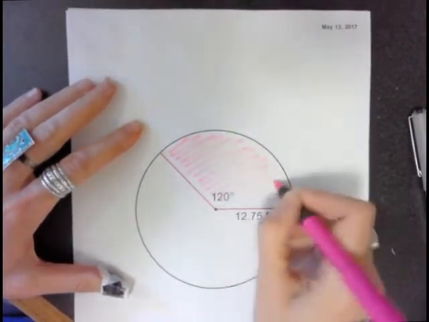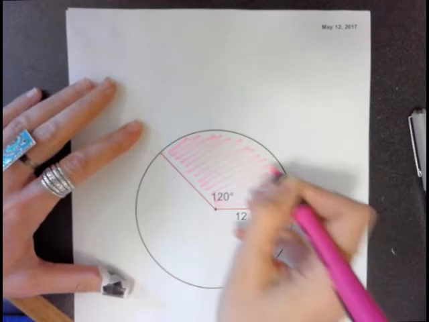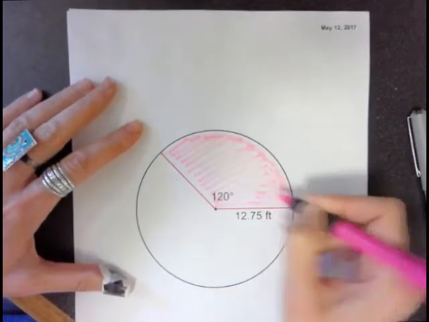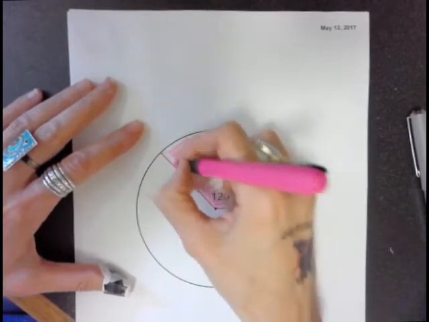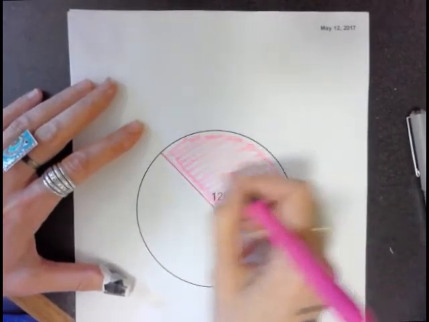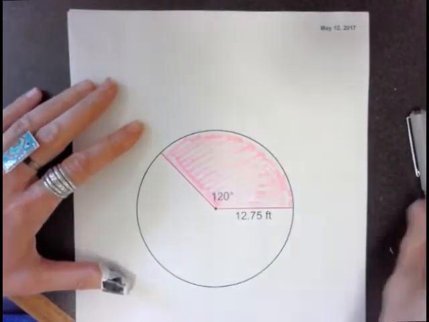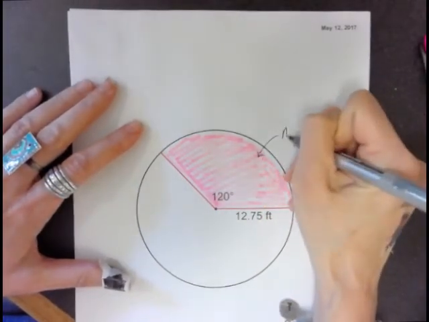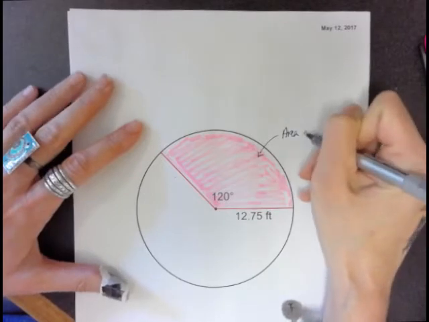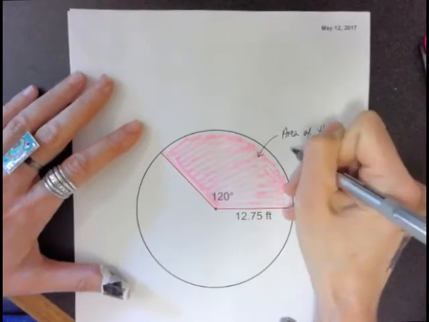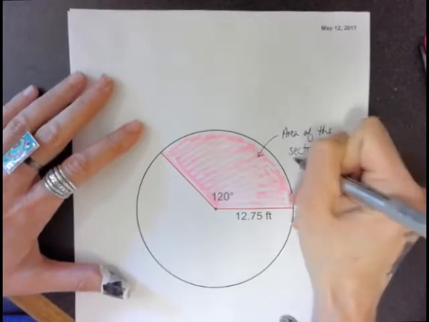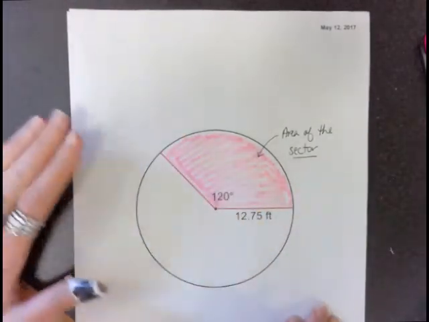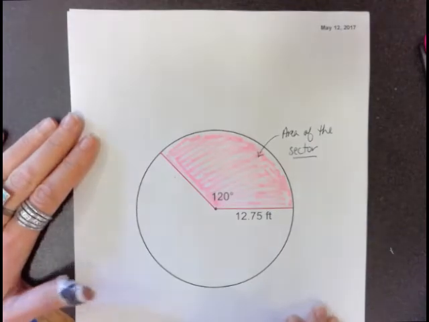So it's like a piece of a pie, a piece of a pizza pie. So if I was to take this and color it in, I want to find the area of this sector. Again, that's new language. The word sector means it's a piece of the entire area of the circle. So it's like a chunk, okay?